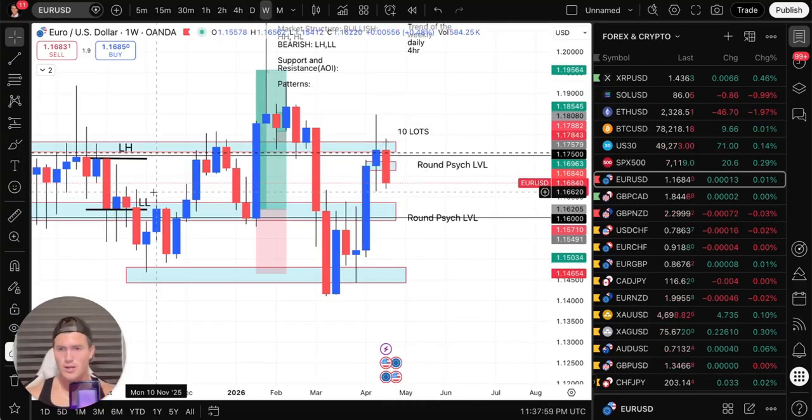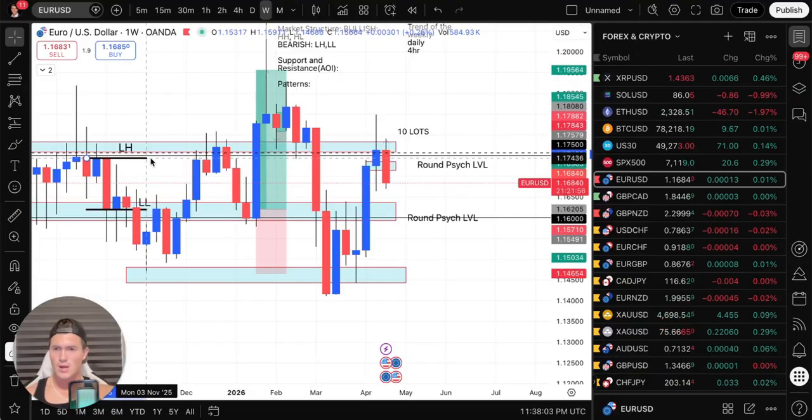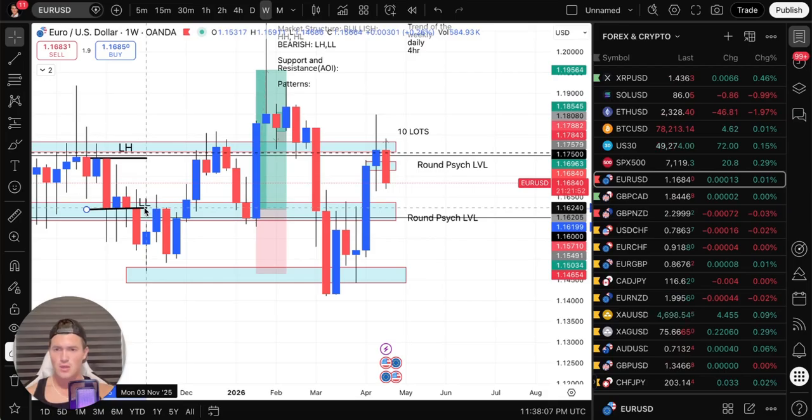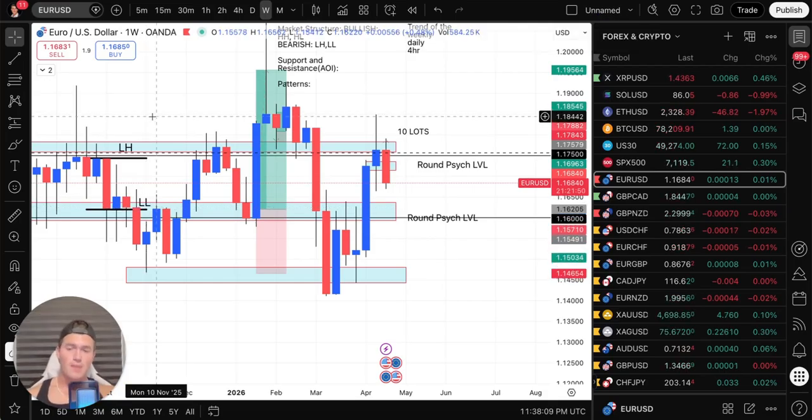I've drawn some lines here showing our lower high and our lower low. If you can master market structure, you are ahead of 90% of traders. This is going to change the game. You're going to know exactly where the trend is and where you want to be buying or selling.